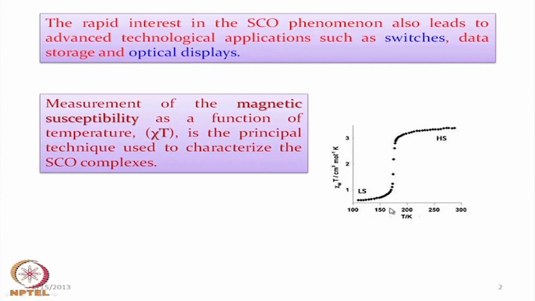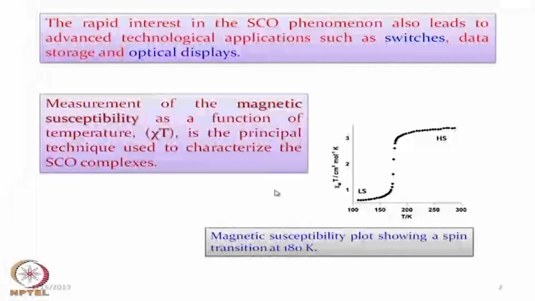So, this is the corresponding region where we can assume that spin crossover is taking place between the low spin state and the high spin state. This is nothing but the magnetic susceptibility plot showing a spin transition at around 180 K. We have the range, starting from here and ending over here, but the average is this particular point.